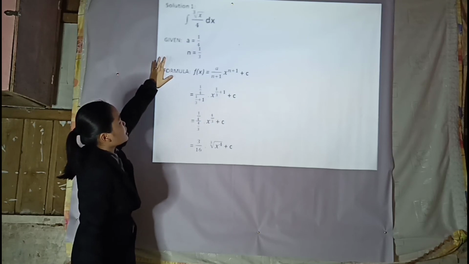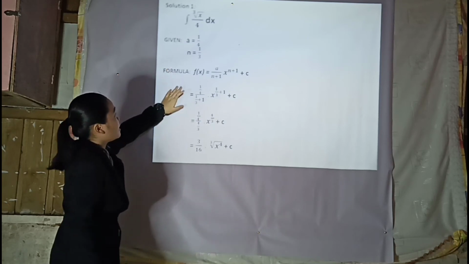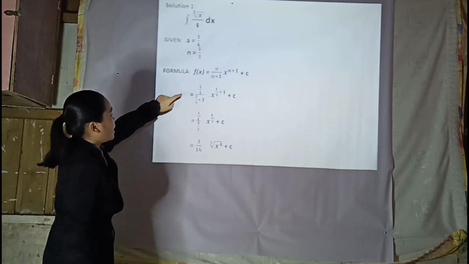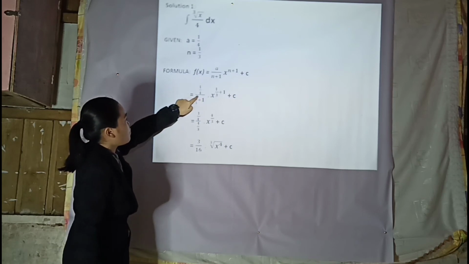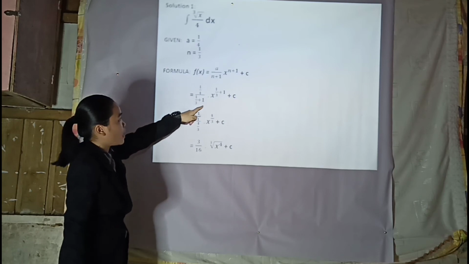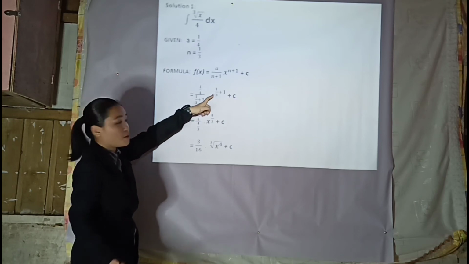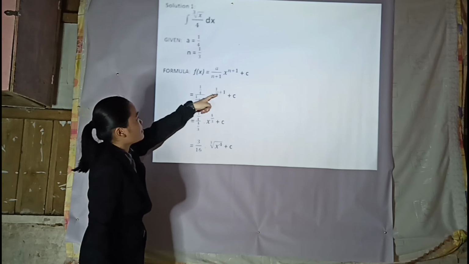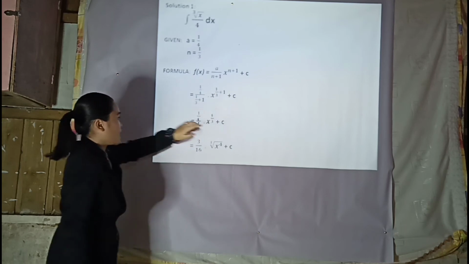So, substitute the value of a and n in the formula. So, a, 1/4 over n, which is 1/3 plus 1, times x raised to the power of n, 1/3 plus 1, plus c.